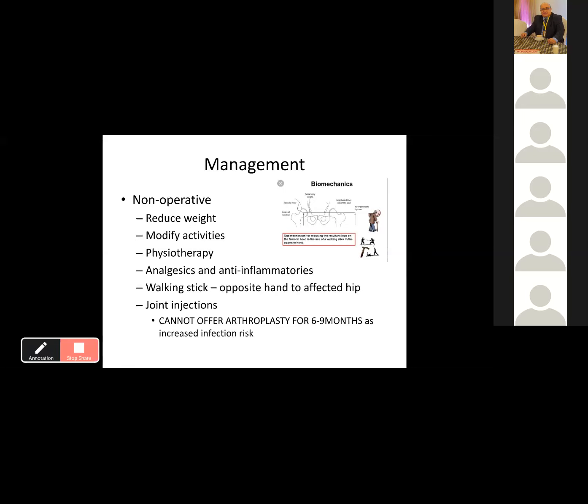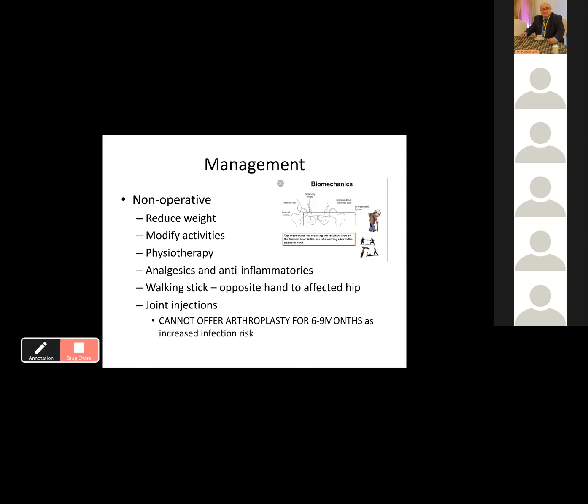The reason I say diagnostic with local anesthetic only is because if you put in a steroid, you shouldn't do a primary joint arthroplasty for at least 6 to 9 months, because the literature has shown that it increases the infection rate from around 2% to 5 to 7%.